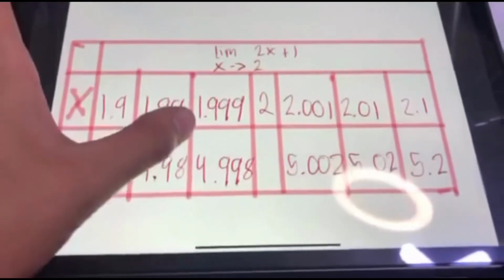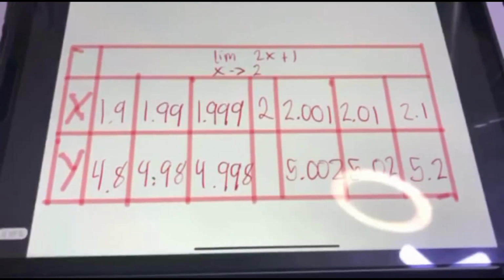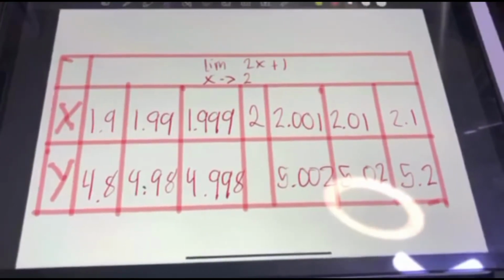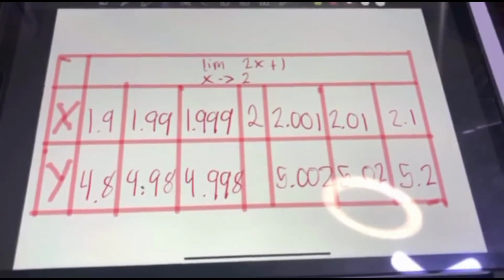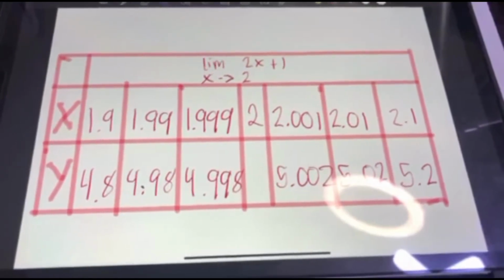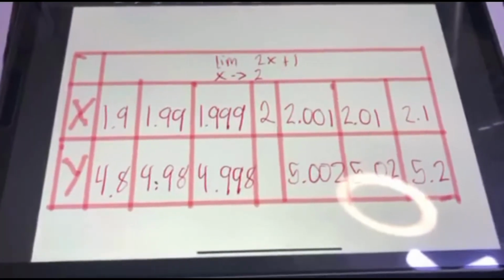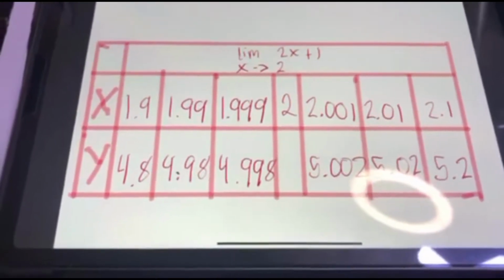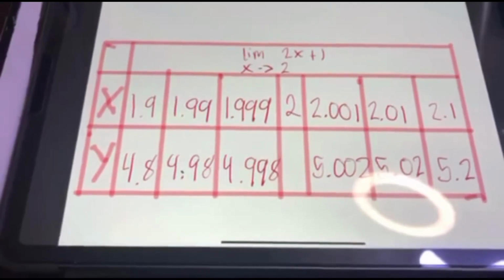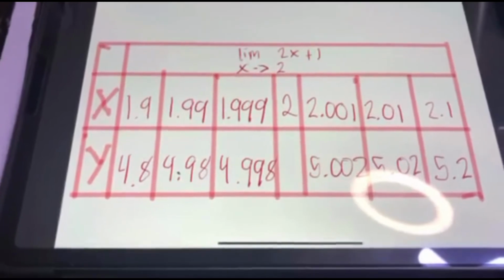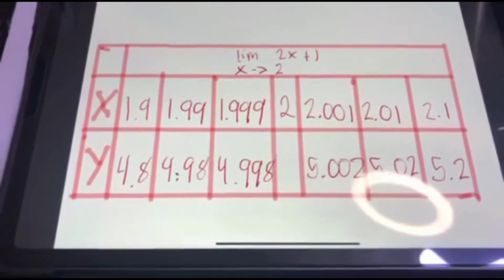Now let's find the value of the right hand side. On the right hand side, we need to find values greater than our x value, which is 2. So we get 2.001, 2.01, and 2.1.